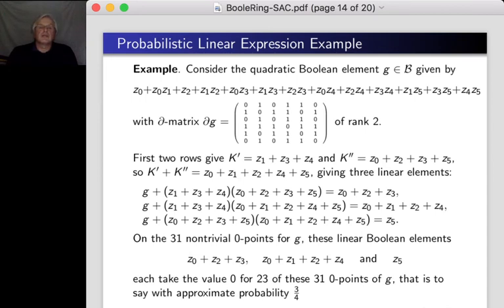This is an expression with 6 variables, so 64 points. If we rule out the all 0 point, we find there are 31 non-trivial 0 points for G, and on these 31 non-trivial 0 points, these 3 linear expressions do indeed take the value 0 for 23 of the 31 0 points. That's to say, with probability approximately 3/4.